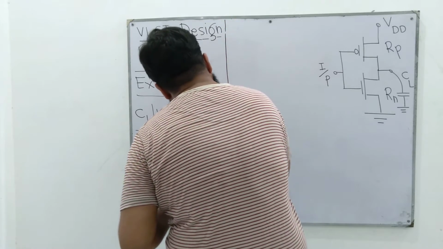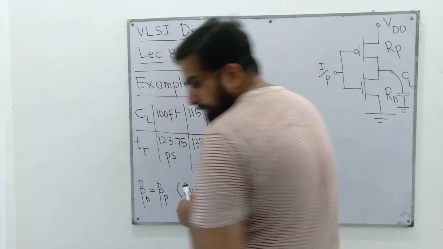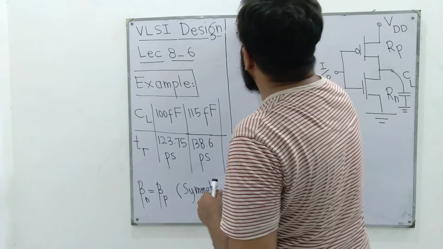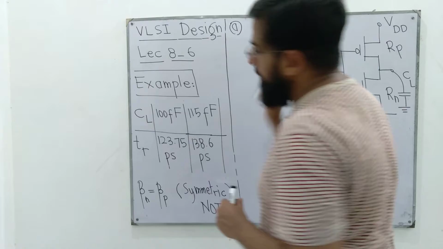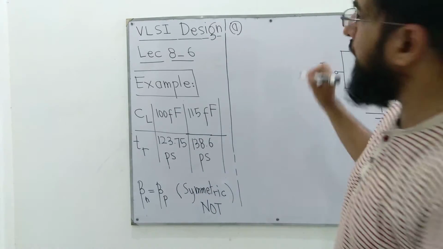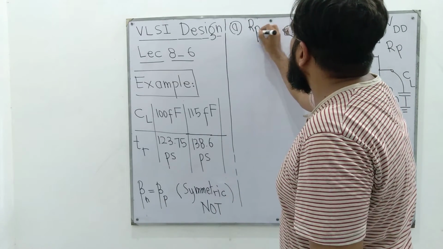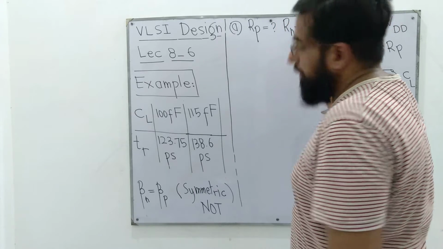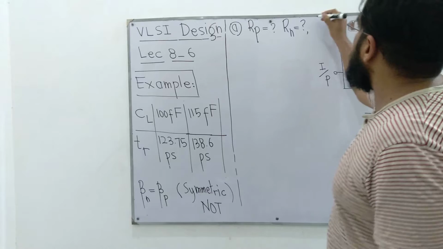So what we are required to find, in part A, is Rp, Rn, and one more thing, CFET.